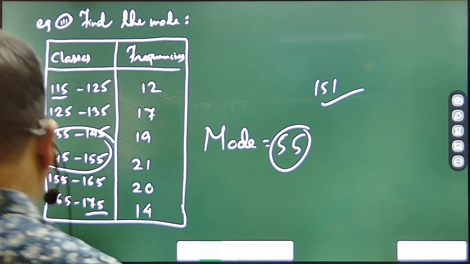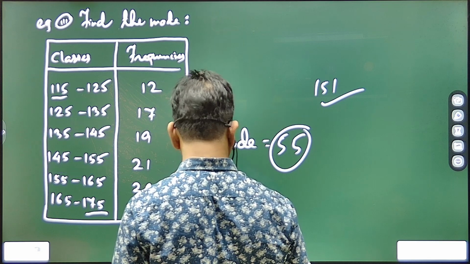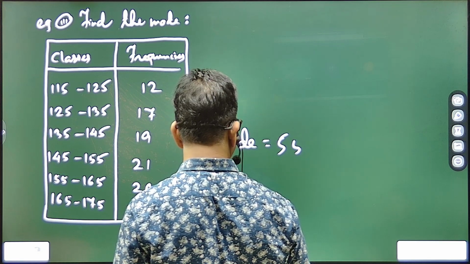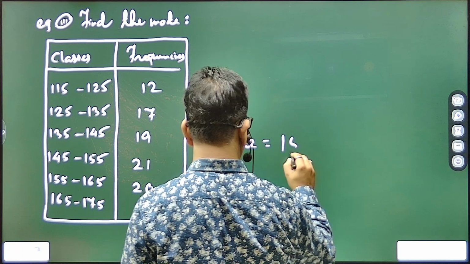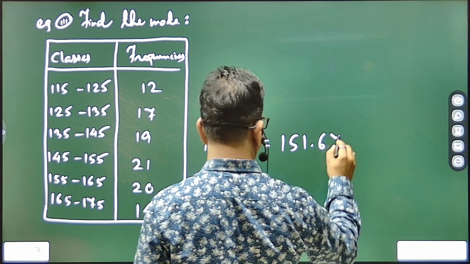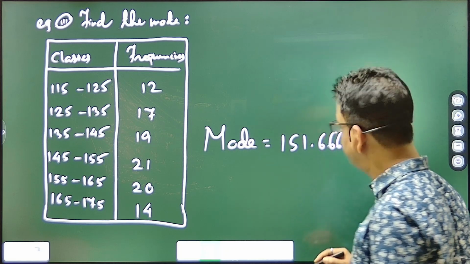So it is 151 point how much did you get? That is the option. 151.67 actually goes like 6666, so you need to round it off.